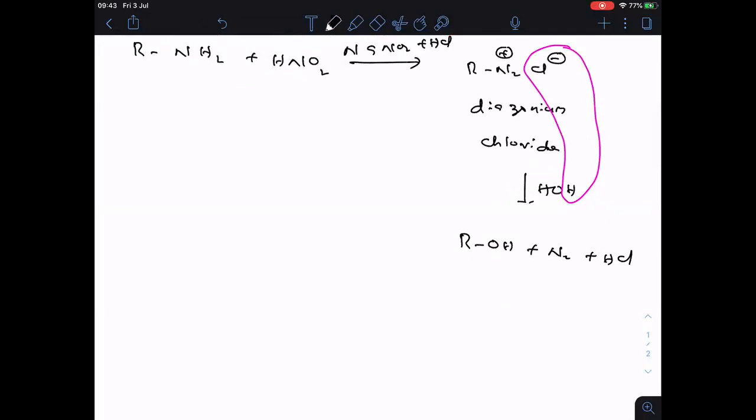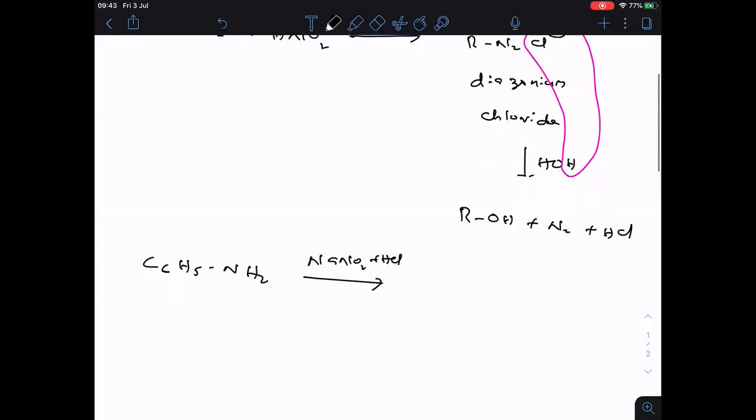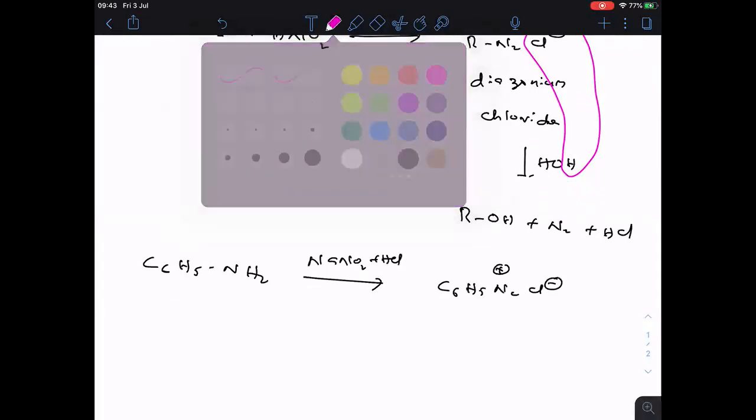Completed. Now, for example, let me take one primary amine. This is aniline, C6H5NH2. Clear? So, aniline when treated with HNO2 in presence of NaNO2 plus HCl, same as the previous case, we get C6H5N2+ Cl-. What is the name of this one?